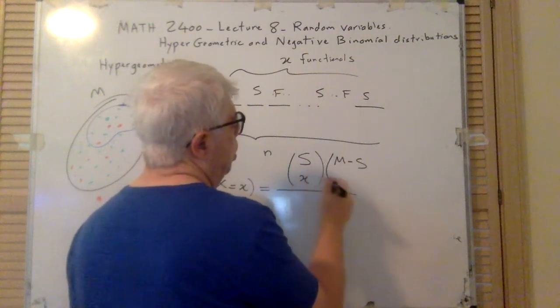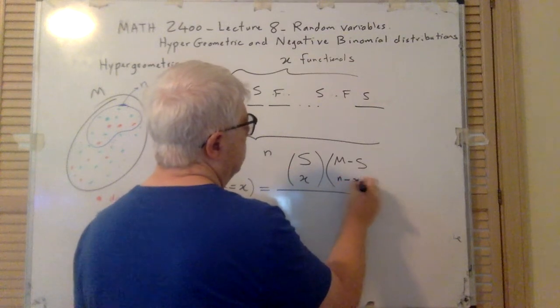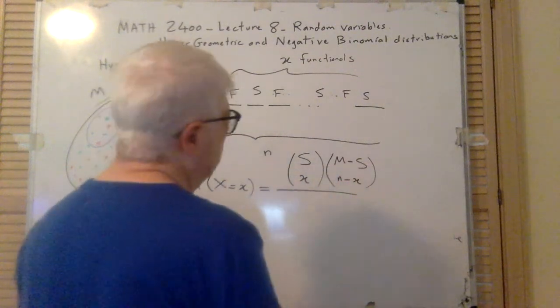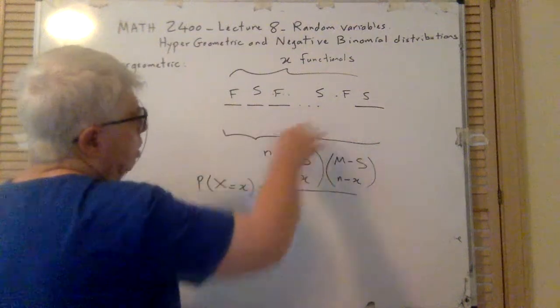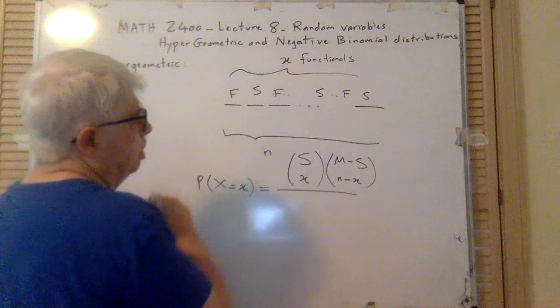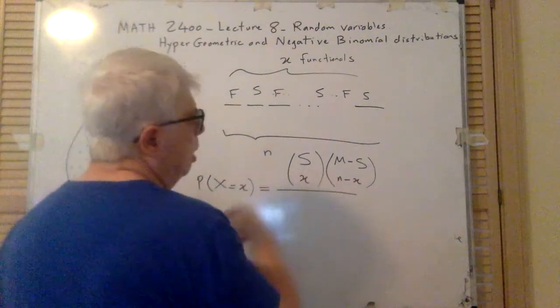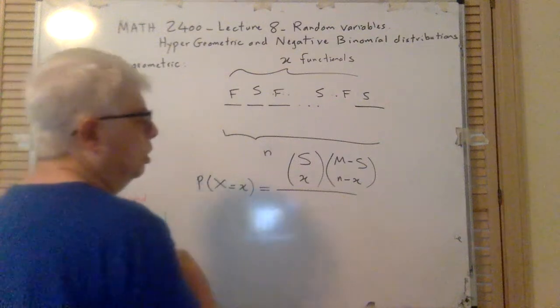And how many are damaged here? It will be n minus x. So x of this are functional and n minus x of them are not functional.